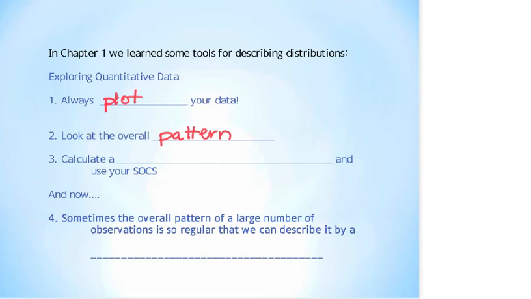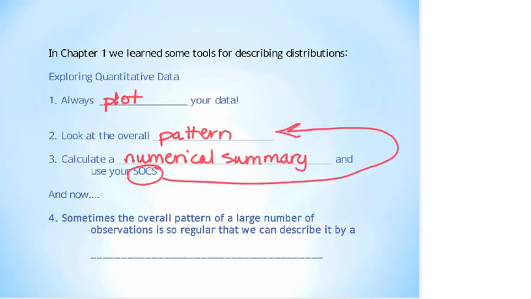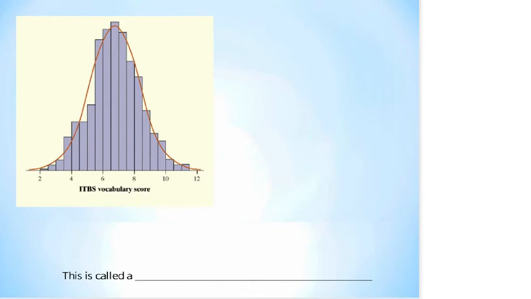Step 3 is to calculate a numerical summary. And now we're going to add one more. Sometimes the overall pattern of a large number of observations is so regular that we can describe it by a smooth curve. This is an example of a lot of data put on a histogram that is so close together that we can describe it by this smooth curve.